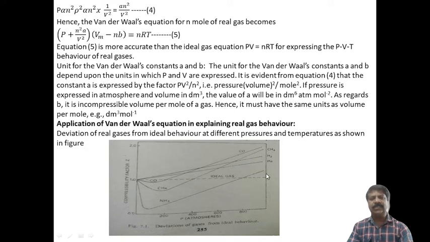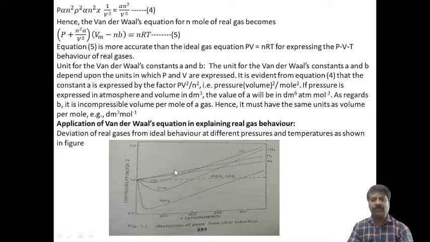This is the anomalous behavior of hydrogen and helium. But other gases give negative deviations at lower pressure, and at higher pressure they give a positive deviation from ideal gas behavior.